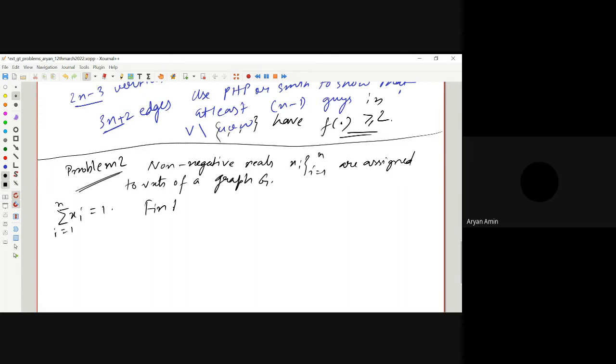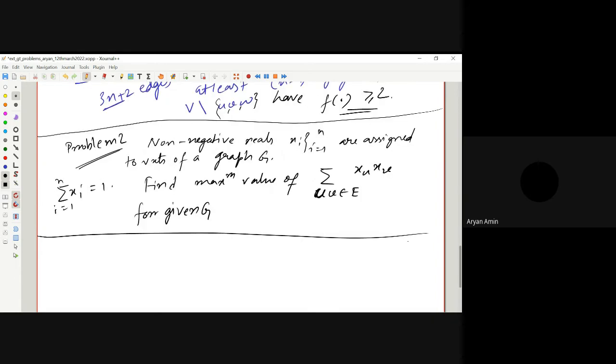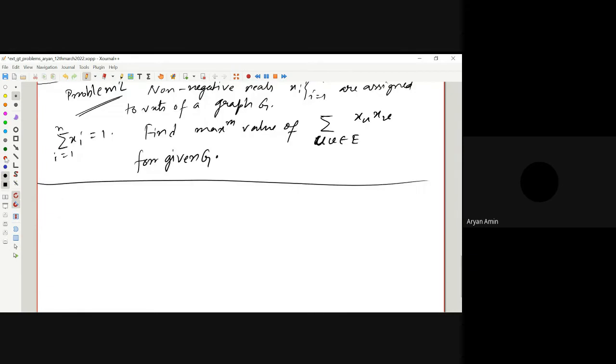Find the maximum value of the sum over edges UV of x_u times x_v for a given G. You can do it for a given G and then just extend it to all possible graphs G with n vertices. So does anyone have any ideas for this problem?